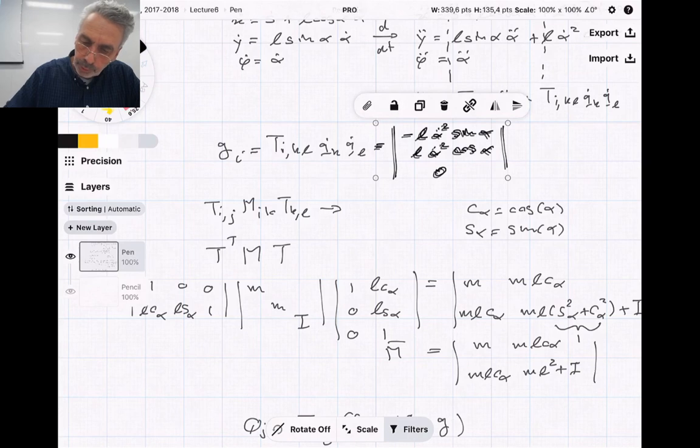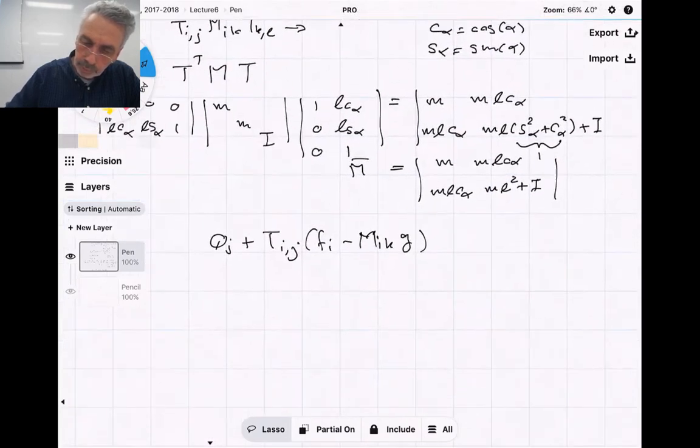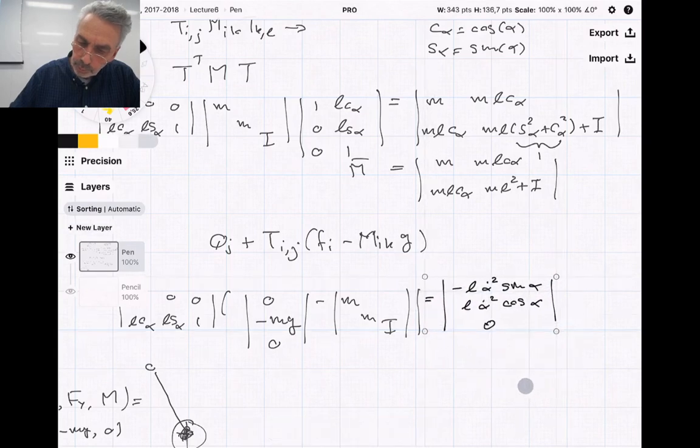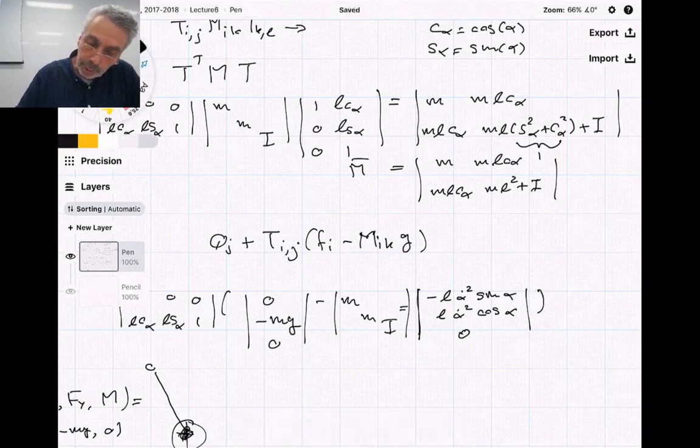So duplicate, go down. Almost right. So times these guys. And then we close the bracket. And of course, we plus our Fs and our M alpha, right? But that's obvious.